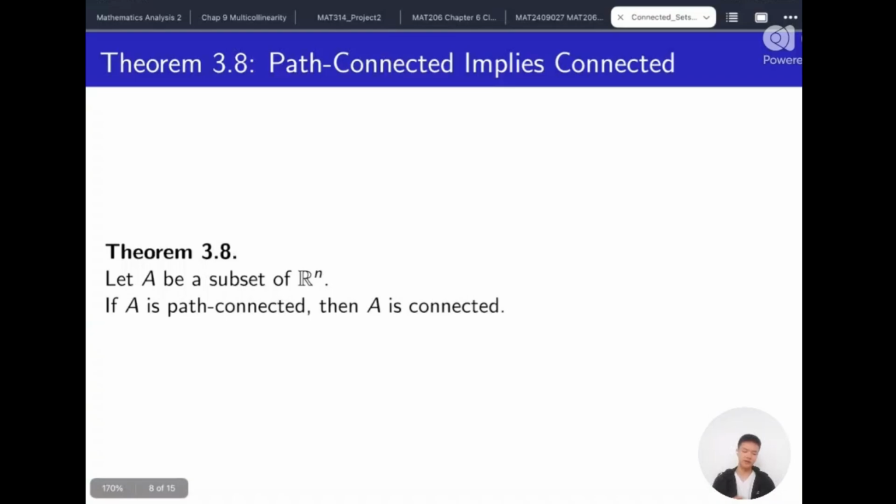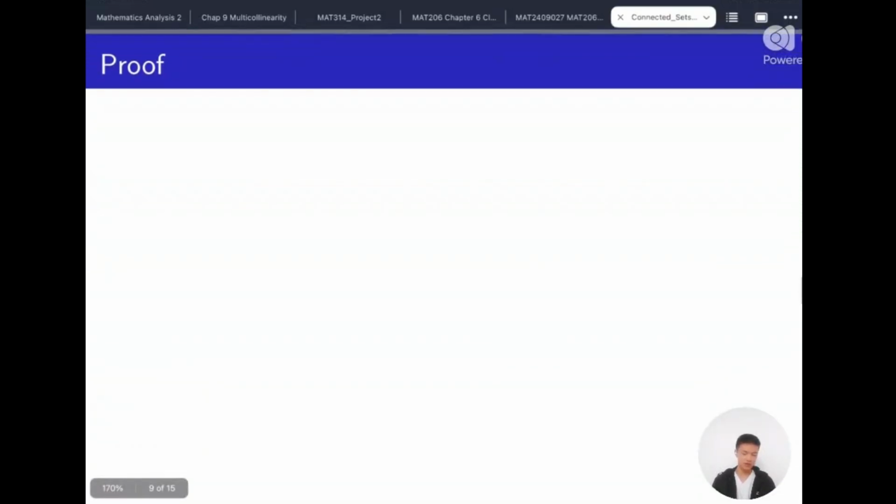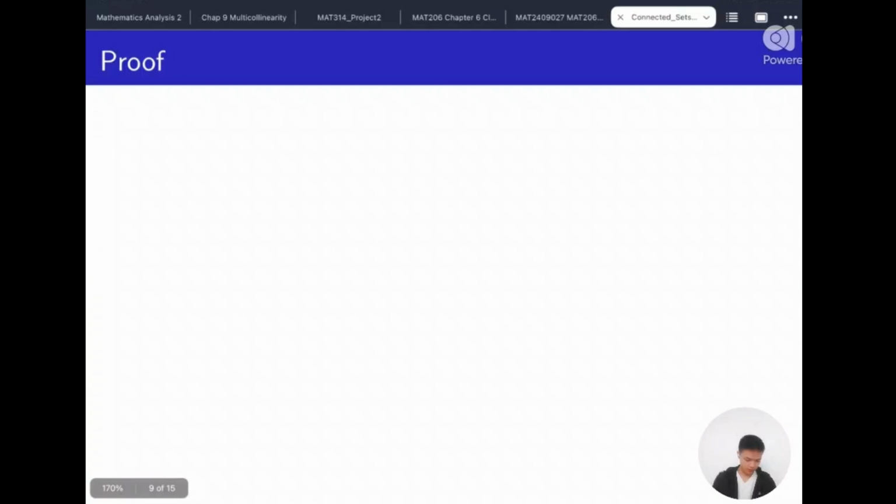And here is an important theorem, which says that path-connected implies connected. So how do we prove this theorem? The theorem says path-connected implies connected.